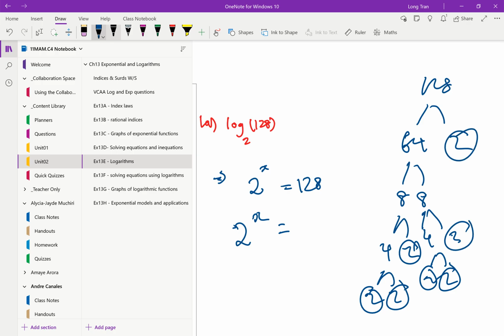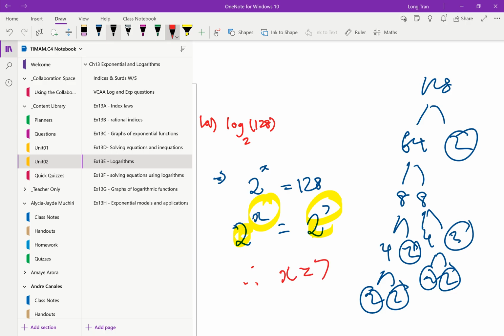So 2 to the power of 7 will give you 128. Now I know bases are the same, therefore powers are the same. So you can say here, therefore x equals 7, without using a calculator.